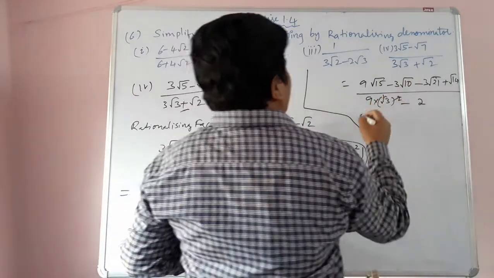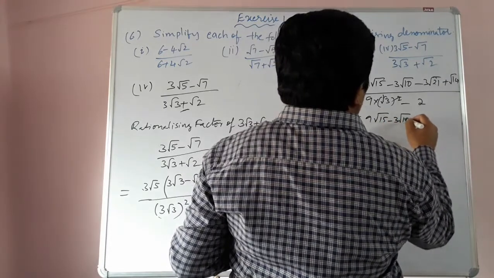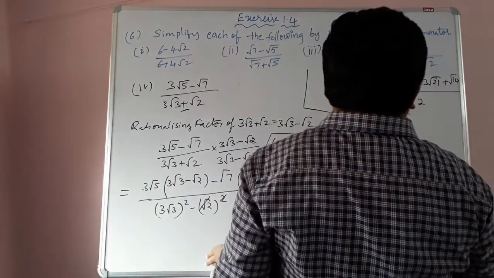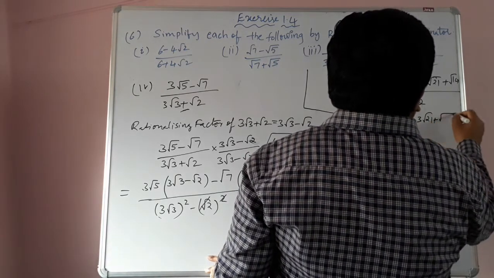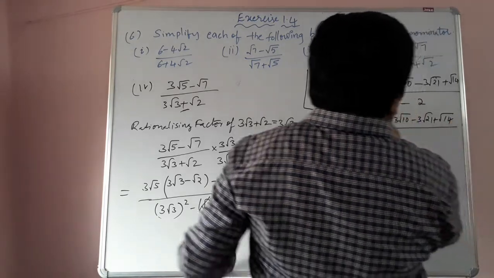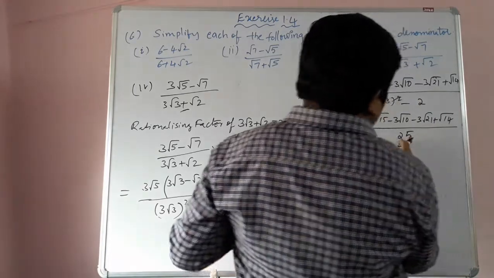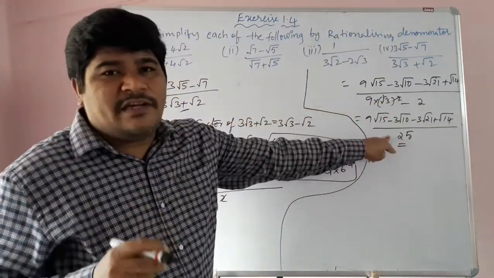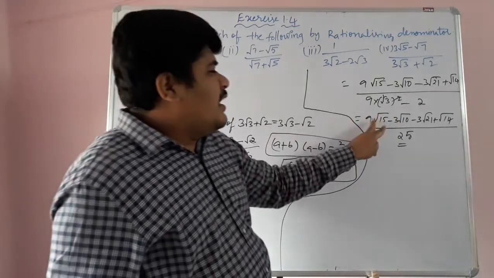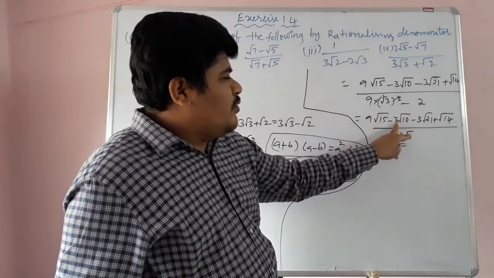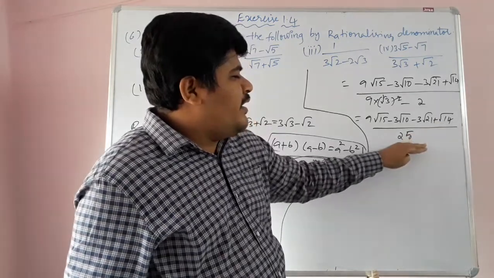So we will keep it like this only: 9 root 15 minus 3 root 10 minus 3 root 21 plus root 14, by 9 3s are 27, 27 minus 2 is 25. So students, the denominator became 25, which is a rational number. The denominator is rationalized, and we simplified the numerator part also. And finally we got (9 root 15 minus 3 root 10 minus 3 root 21 plus root 14) by 25.